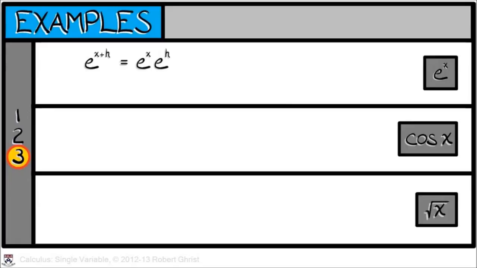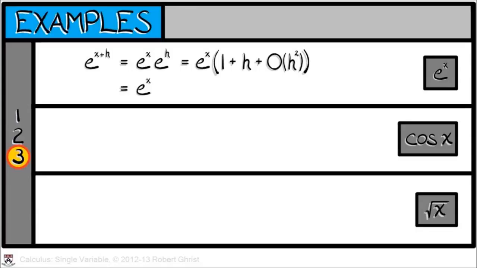Now we know that e to the x plus h is e to the x times e to the h. And although this is a little bit of circular reasoning, we know what e to the h means. That's really 1 plus h plus terms of higher order in h.